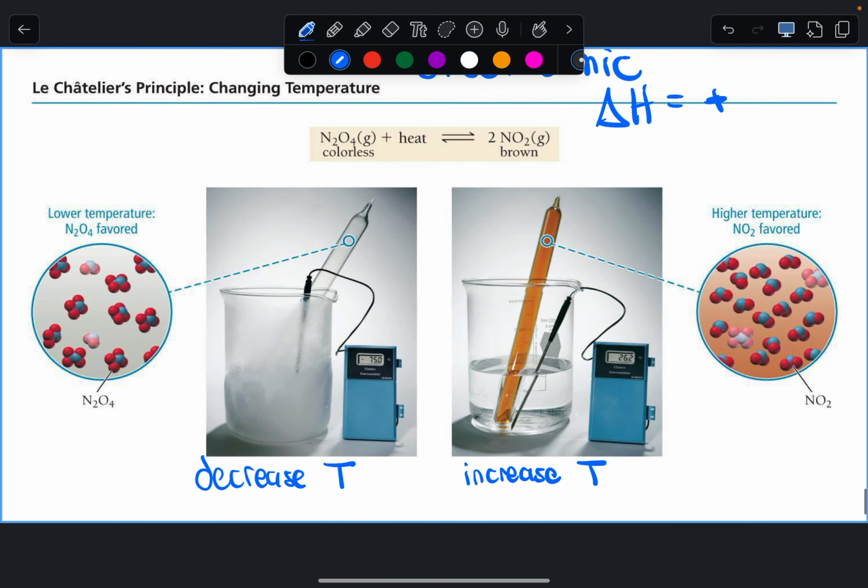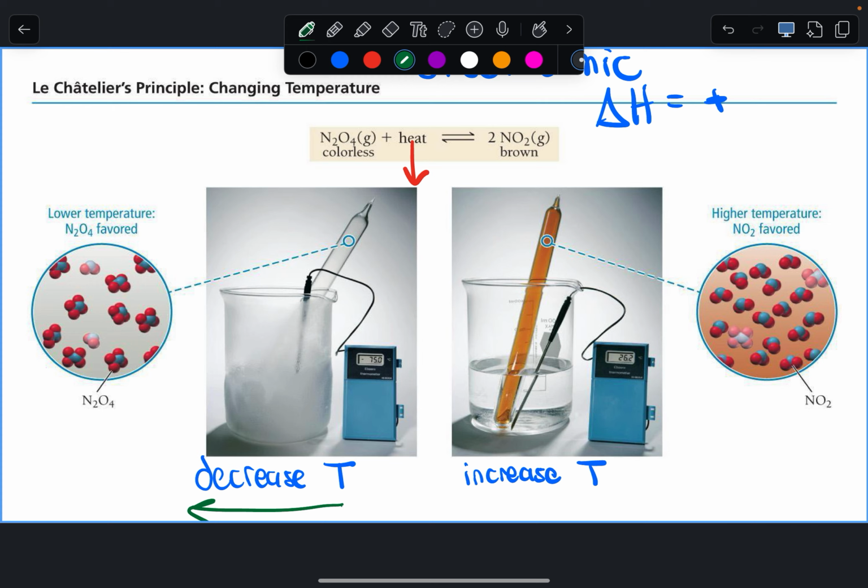So what happens when we decrease the temperature? Well, temperature, heat, those are pretty much the same thing. We're going to decrease the temperature, okay? So we're dropping the heat. So if we're treating it just like a reactant, the reaction will shift to replace some of that heat. So it shifts towards the reactants.